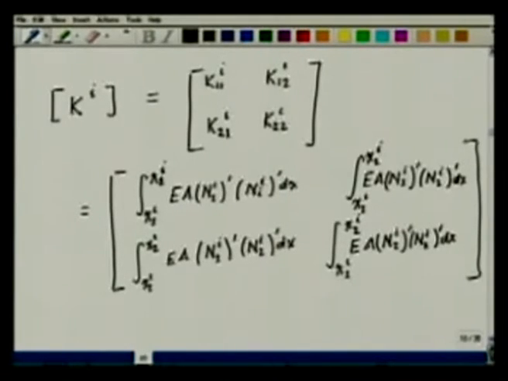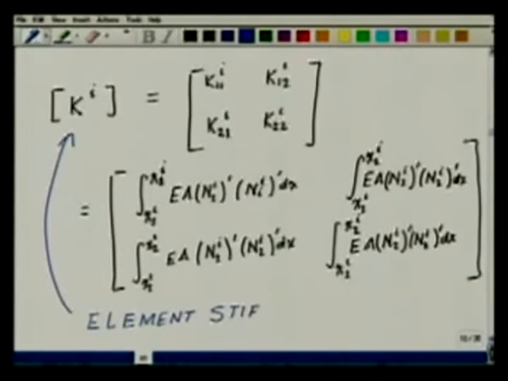This is all. This matrix, if you remember, I had given it a name, is called the element stiffness matrix. And in this case the element stiffness matrix is a 2 by 2 matrix because only 2 of the phi i's are non-zero in the element.